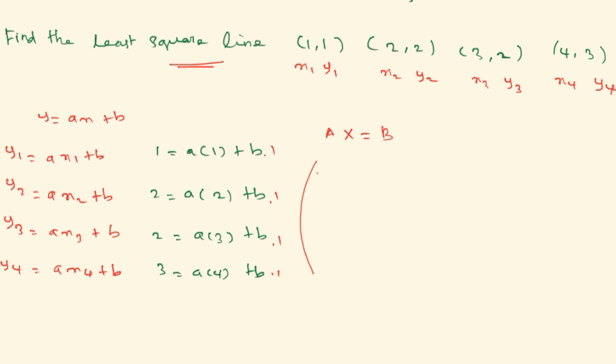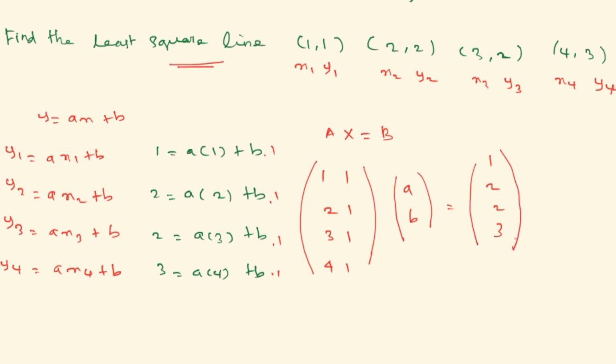So I am taking the coefficients alone: the matrix with rows (1, 1), (2, 1), (3, 1), (4, 1), times the unknown vector (a, b), equal to B, the constant matrix (1, 2, 2, 3).